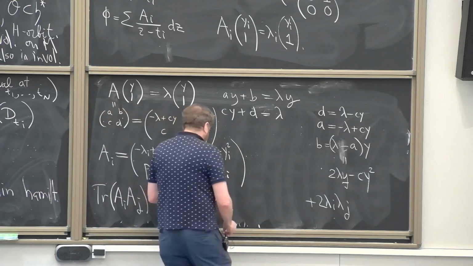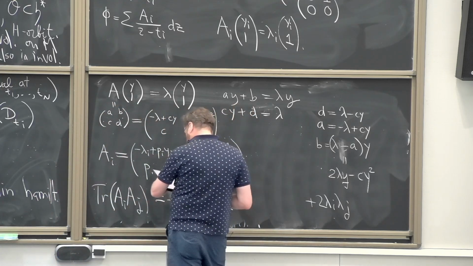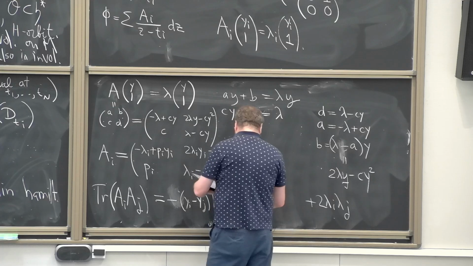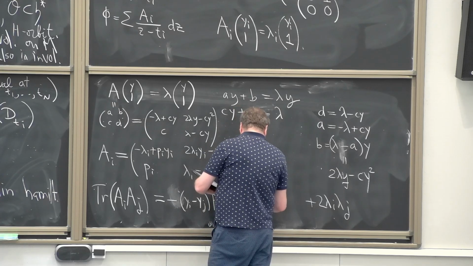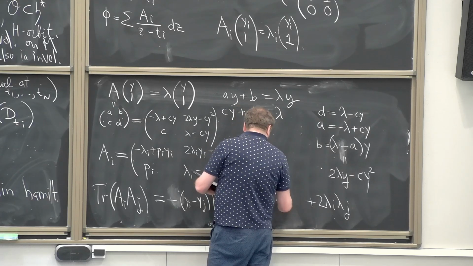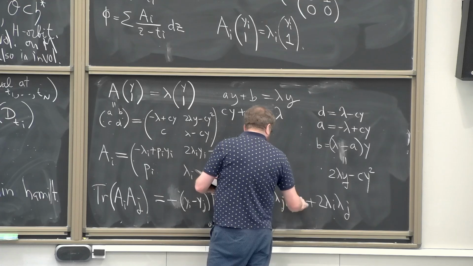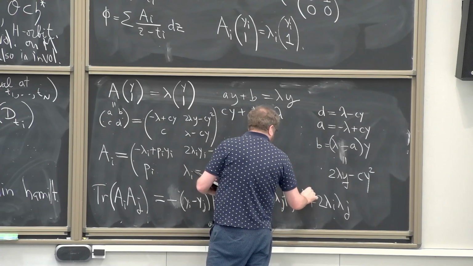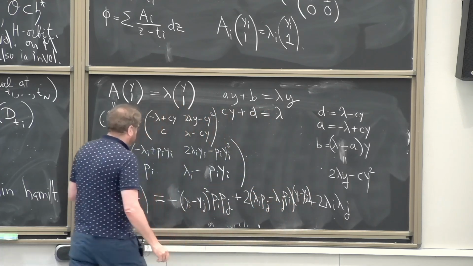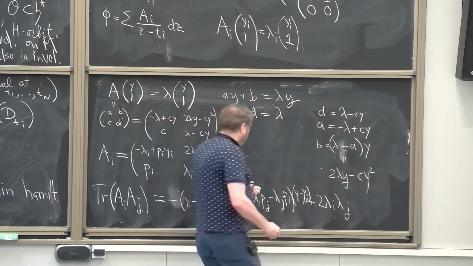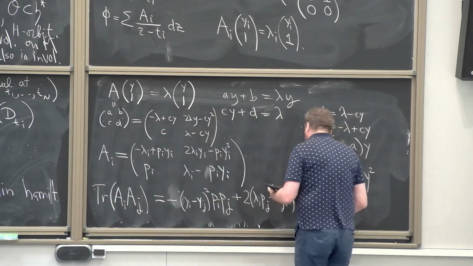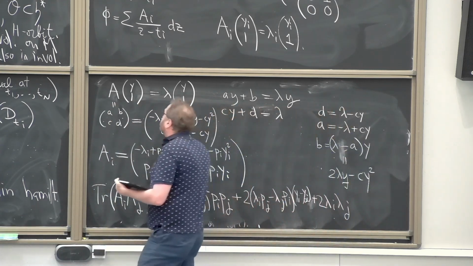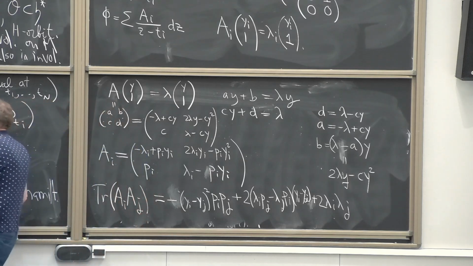And then there will be the interesting term, which will be 2 (lambda_i p_j minus lambda_j p_i) times (y_i minus y_j). So that would be the correction that we get from the lambdas. And so therefore, we will get the deformation.